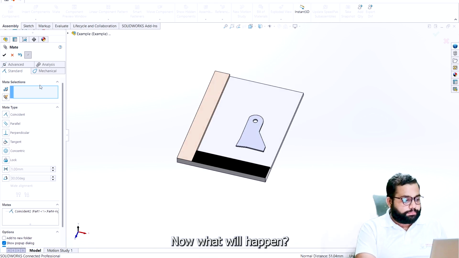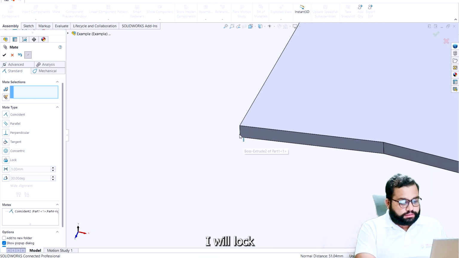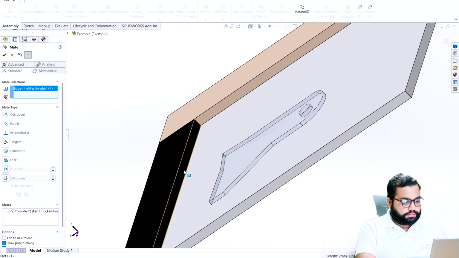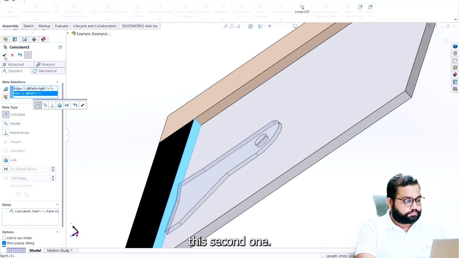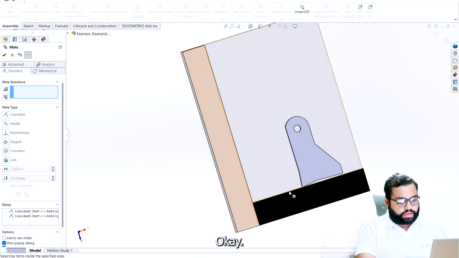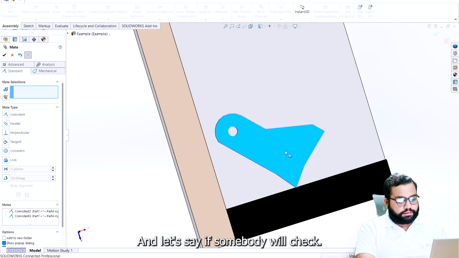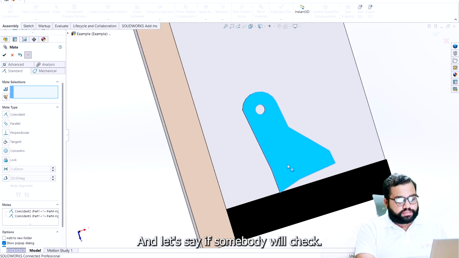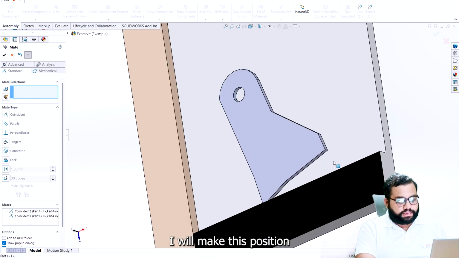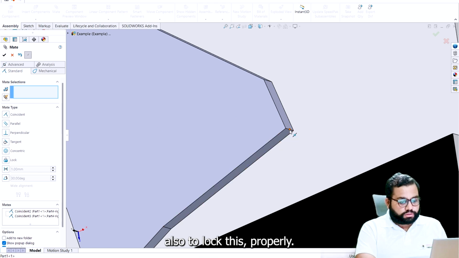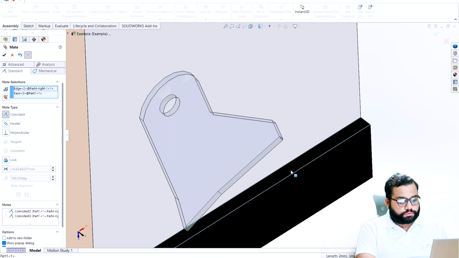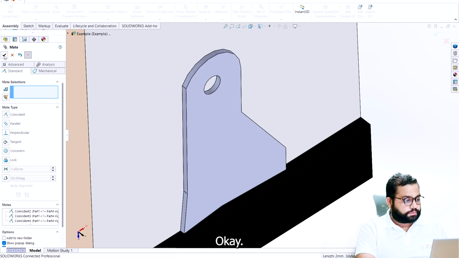Now I will lock this surface and this second one, and I will make this position also lock properly.